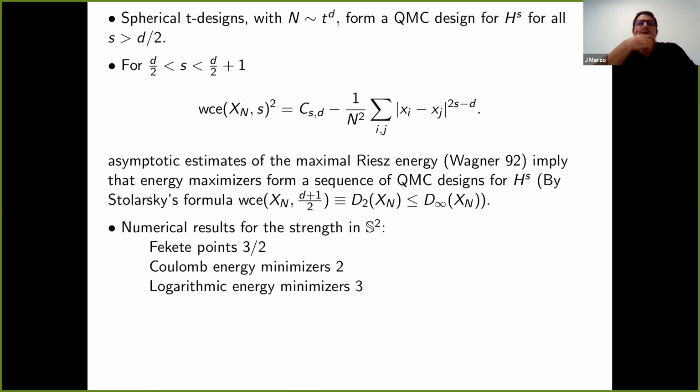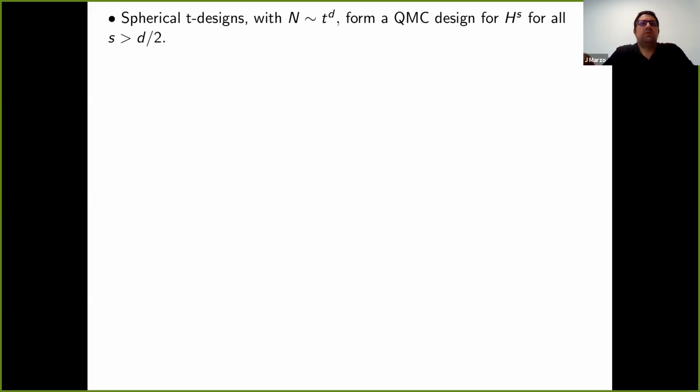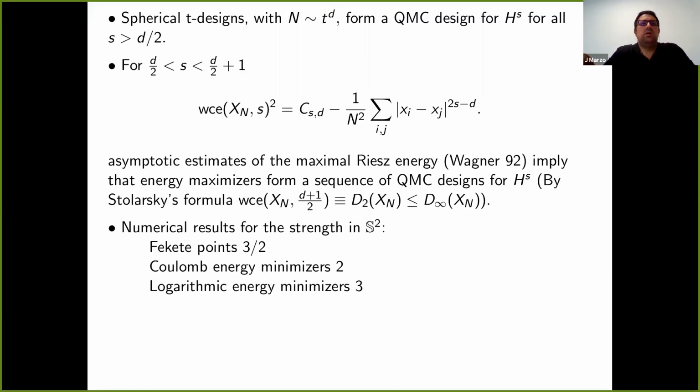Okay, more things from this paper by Brauchart and the others. They actually did some numerical studies, of course, in S^2, trying to determine the strength of some known configurations. And quite surprisingly, in fact, they conjecture that these are the right values. So there's a conjecture.